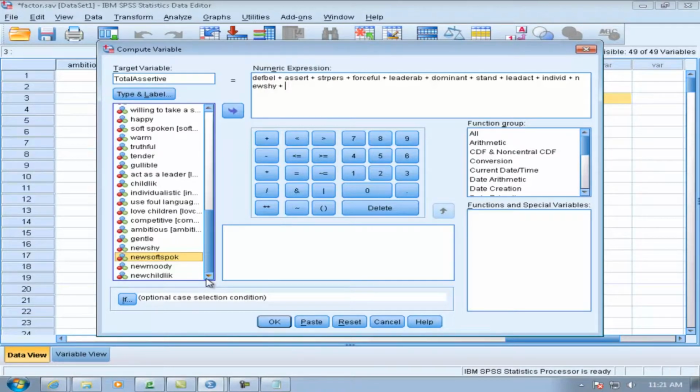Okay. Now all I've done is new shy. Was it new moody too? No, it was new soft-spoken. I didn't put in new soft-spoken yet. Yeah, that's the next one, and that's it. If you use new shine, that missing data is not going to be processed.